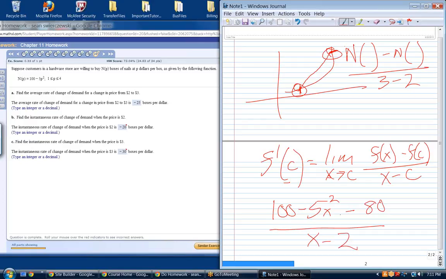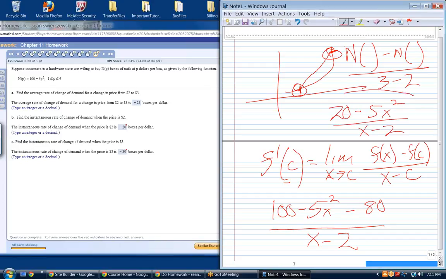So if we simplify this, what do we get? We get 20 minus 5x squared in the numerator, and in the denominator x minus 2. And now to evaluate that at 2, what does that give us? 0.